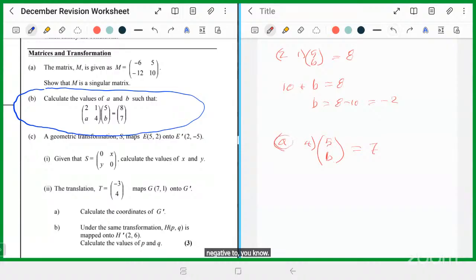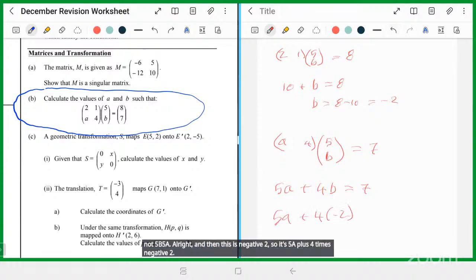But it will be this times this first, which is 5A, plus 4 times B, which is 4B, is equal to that 7. It's supposed to be A, Mr. Short. 5A, not 5B, 5A. Alright, and then this is negative 2, so it's 5A plus 4 times negative 2 equals 7.